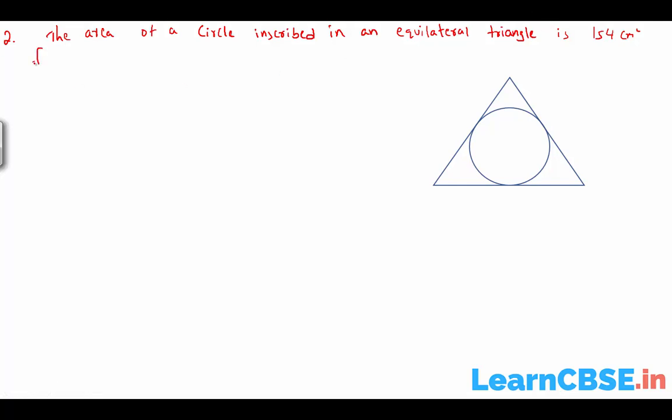Find the perimeter of the triangle, where pi equals to 22/7, root 3 equals to 1.73.